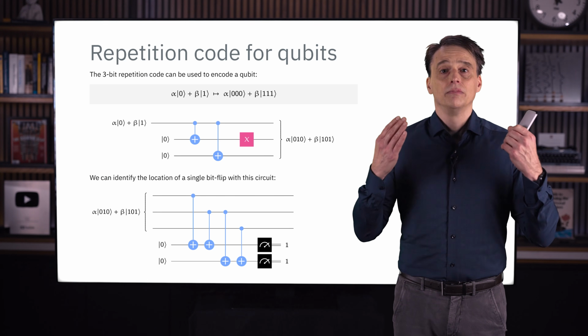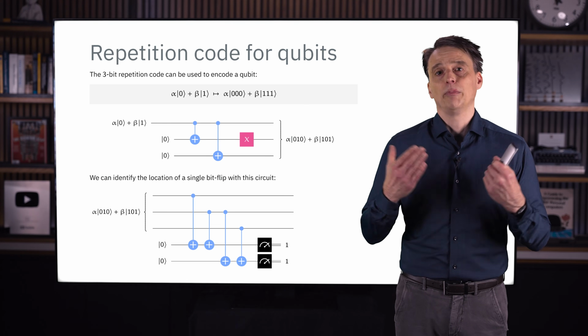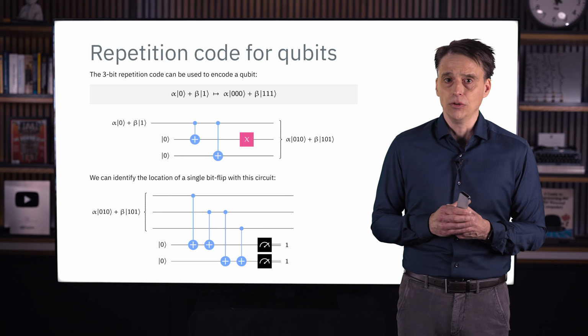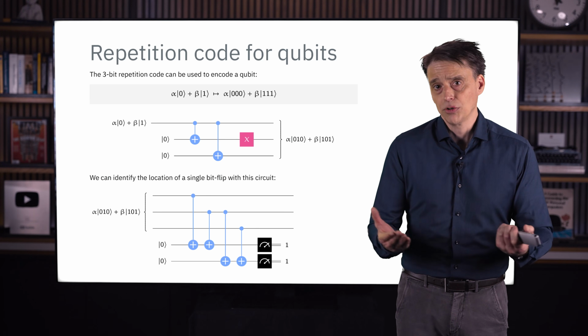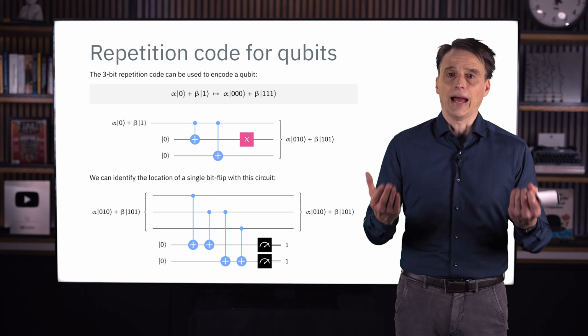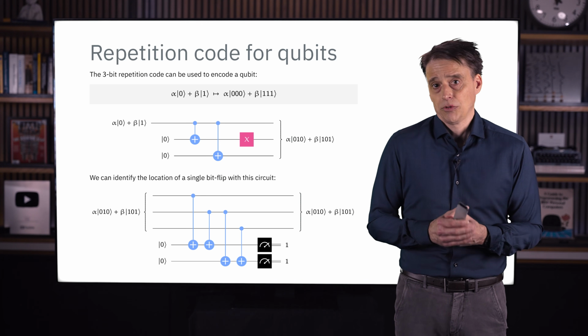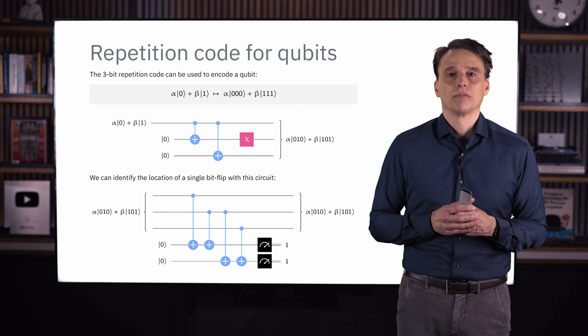In particular, in this case, we'll get the outcome 1 for both of these parity checks, and from that information, we can conclude that it's the middle bit that's different from the other 2, so that's evidently the one that flipped. And crucially, this does not cause the state to collapse. So we now have a chance to try to correct this bit flip so that eventually we can perhaps decode and get our original state back.